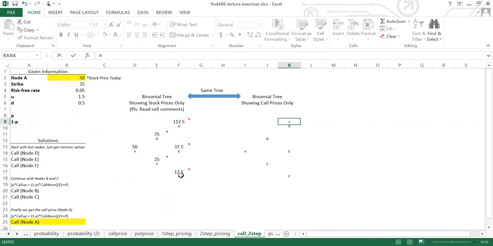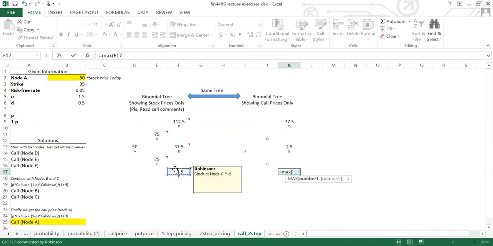So we just use the formula we already know, which is max of stock price, which we have right here, minus strike price, or zero. Then in the following node, we evaluate it in the same way, and in the final node, we use the same formula: stock price minus strike price or zero.